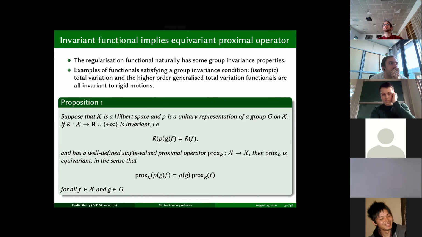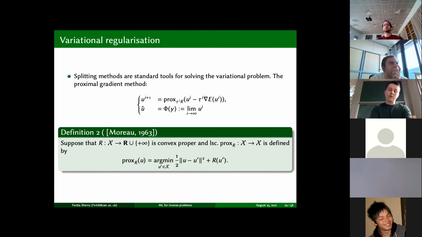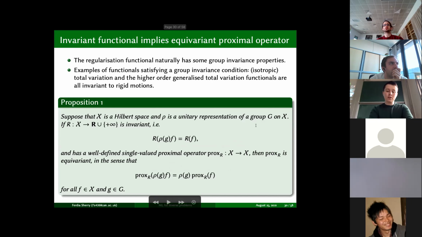So even though the overall pipeline is not equivariant, you can generally assume that your regularization function has some kind of invariance, and this then results in the overall proximal operator having an equivariance property. This then is how we incorporate equivariance into a learned reconstruction method.